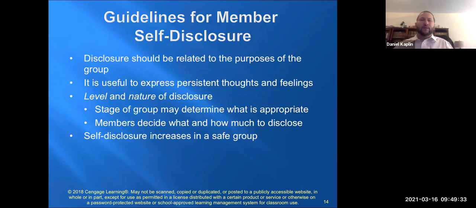All right. So about self-disclosure, whenever you share, it should be related to the purposes of the group. It should help the group move forward. And those of you who've had the experiential part of the class, you've seen how group leaders can model self-disclosure in an appropriate way to get people talking, right?